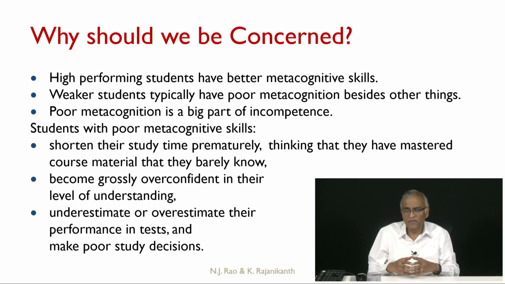Their learning is influenced by their poor metacognition abilities. So, you can say poor metacognition is a big part of incompetence. By the time students enter the higher education institution, if they are weak students, one of the elements of their weakness is poor metacognition.